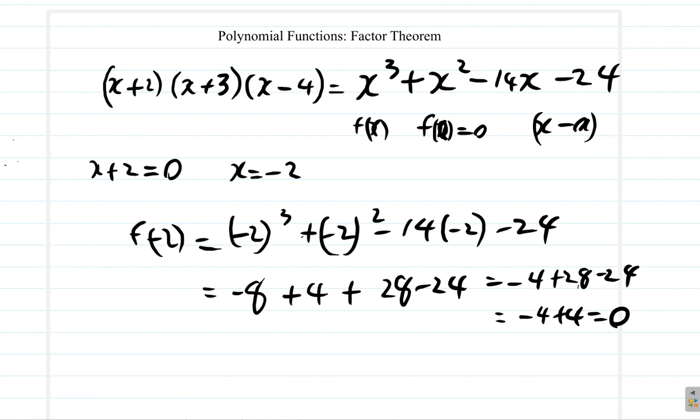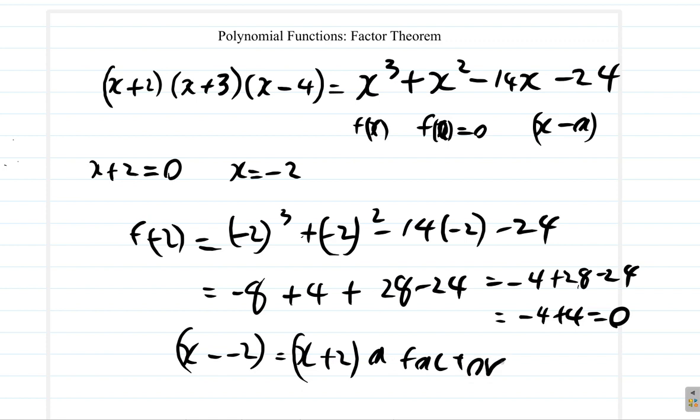So f of negative 2 gives you 0. It means x minus negative 2 is a factor. It's the same as x plus 2, a factor.